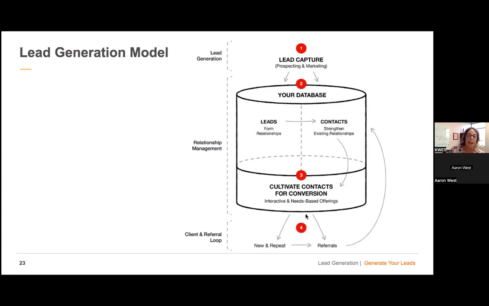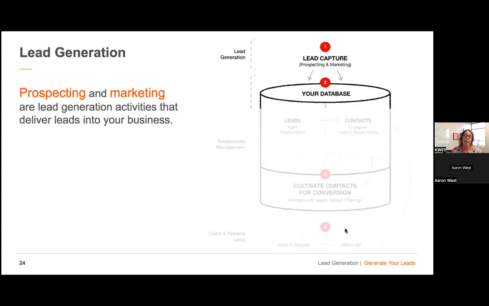You want to be the expert of choice for your sphere of influence, and in that relationship, they are also going to be referring you business. We're going to take each step of this and talk about the difference between prospecting and marketing. In MREA, your red book, pages 138 and 139, it goes through the prospecting and the marketing.